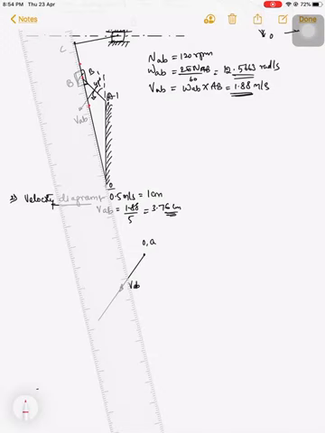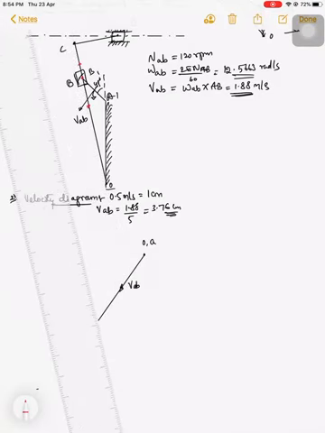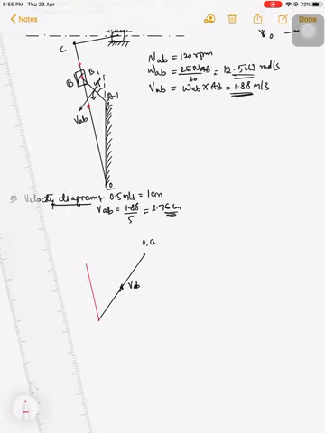So exactly parallel to this line, I'll draw a line of unknown magnitude. This is velocity of B with respect to B1 downwards, and this is velocity of B1 with respect to B.